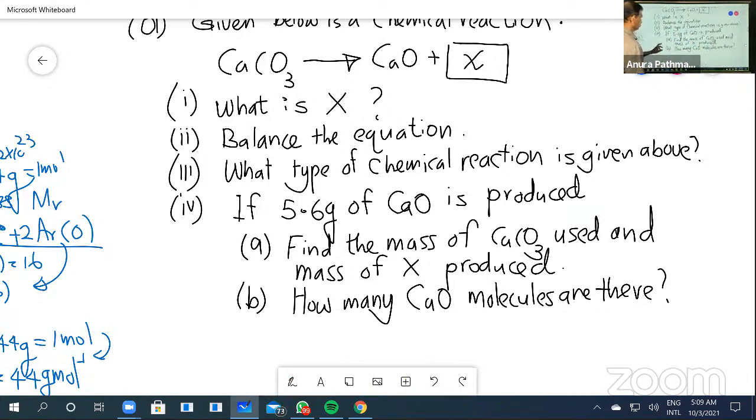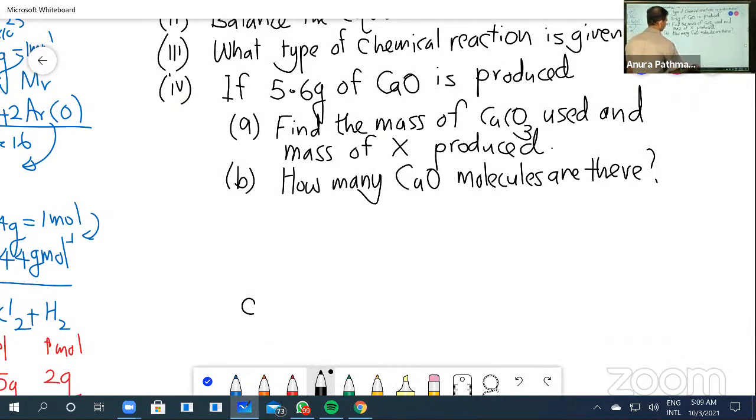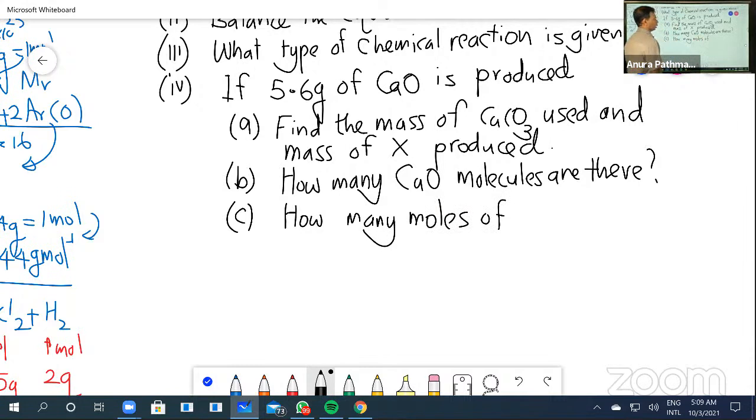C part: how many moles of X are also produced? How many moles of X are produced?